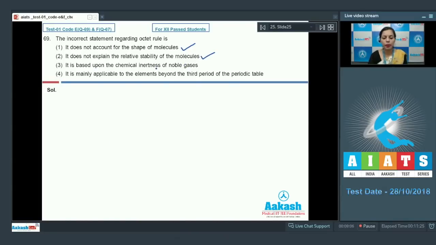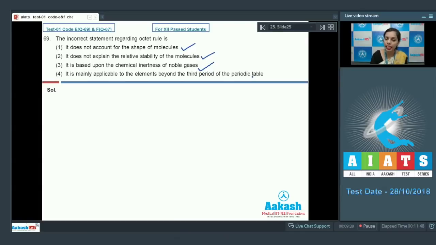Then we have, it is based upon the chemical inertness of noble gases. As per octet rule, if an atom has 8 electrons in its valence shell, it is considered as stable. And if we talk about noble gases, these are inert because they have stable octet in their valence shell. That's why this statement is correct. It is mainly applicable to the elements beyond the third period of the periodic table.